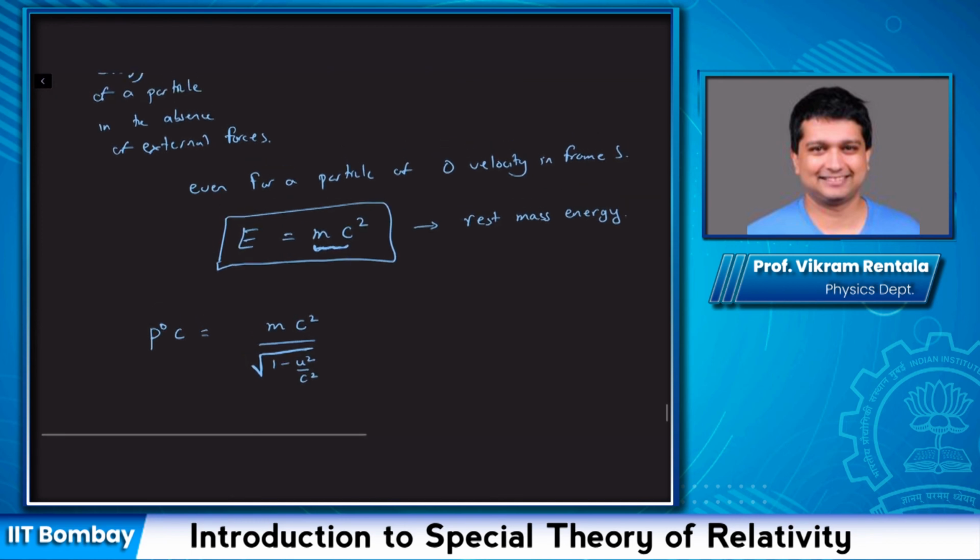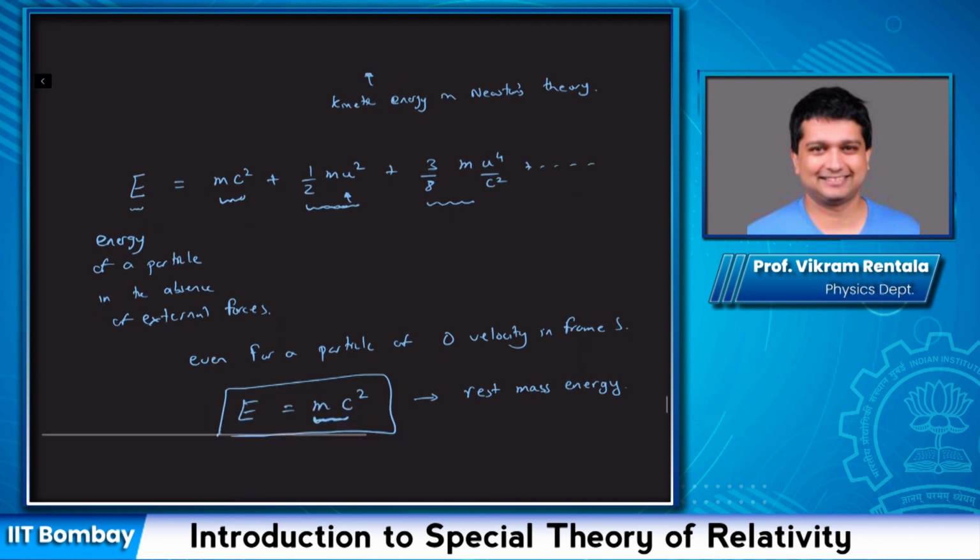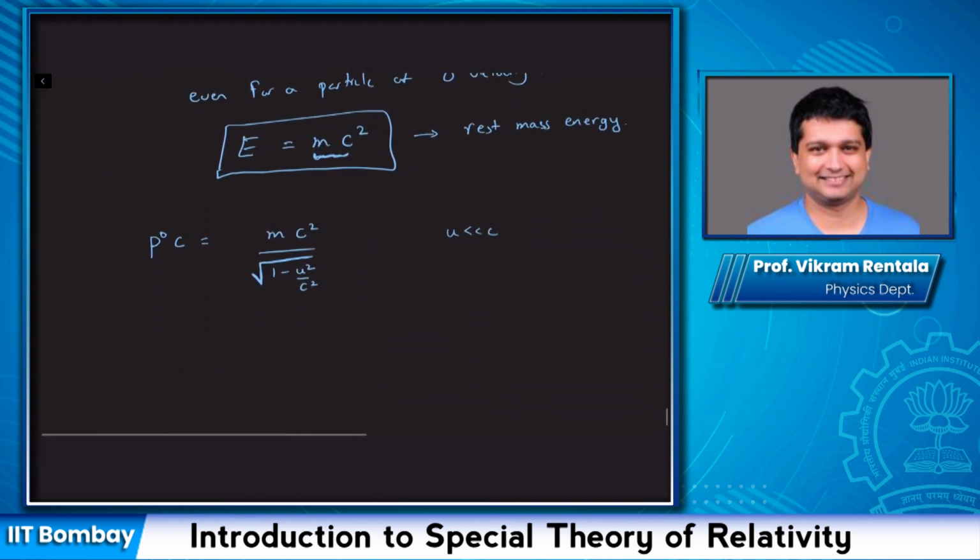So it's only in the limit where the speed is much less than c that we think of the rest mass energy as being completely distinct from the kinetic energy of the particle. When you look at this expression, you see that the rest mass energy is just a very particular limit of the energy of a particle. It's the energy when the particle has 0 velocity in a particular reference frame.